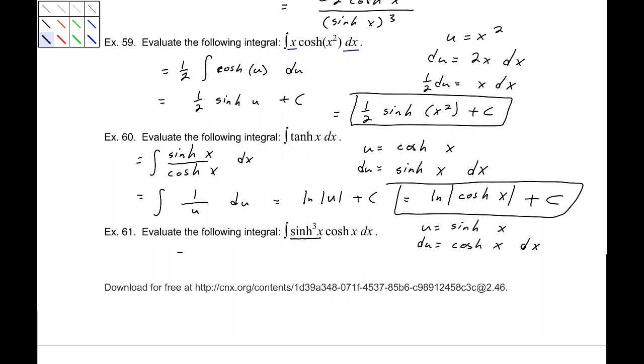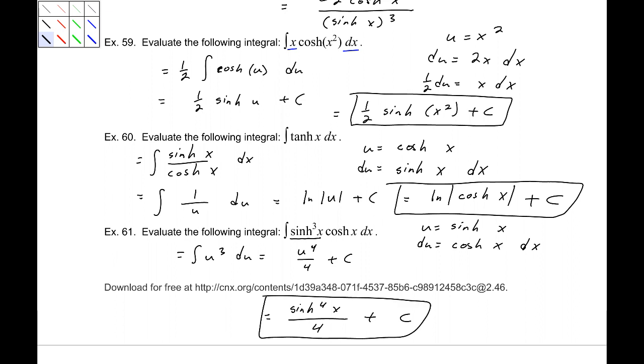So this becomes the integral of u cubed times du, which is u to the 4th over 4 plus c. And since we know what u is, this will be sinh to the 4th of x over 4 plus c.